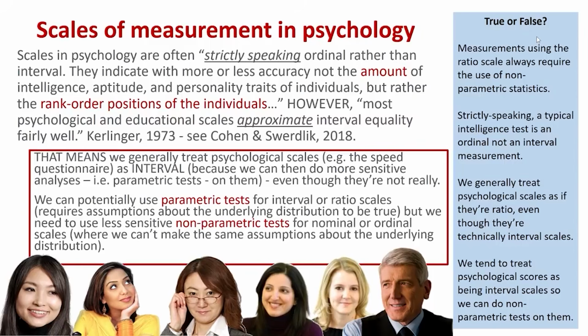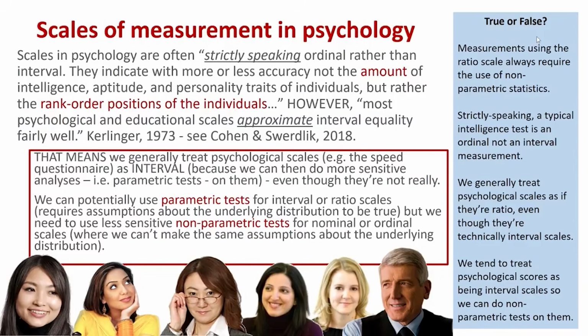Why would we want to treat something that's technically an ordinal scale as an interval scale? This is because if we can treat things as interval scales, we can do more sensitive statistical analyses on them. Okay, specifically parametric tests. We can potentially use parametric tests for interval and ratio scales.